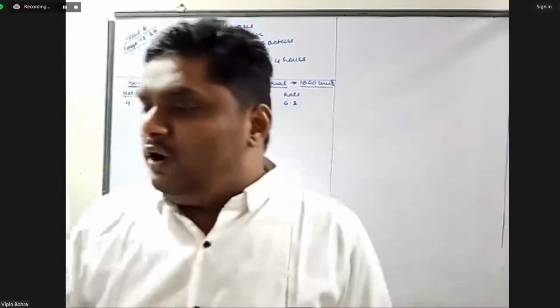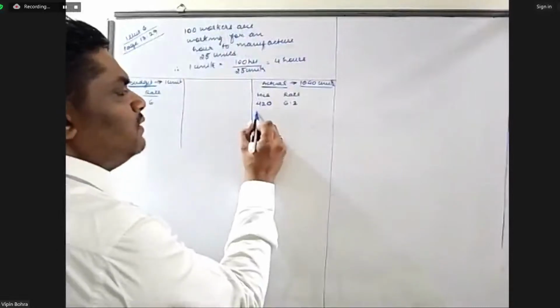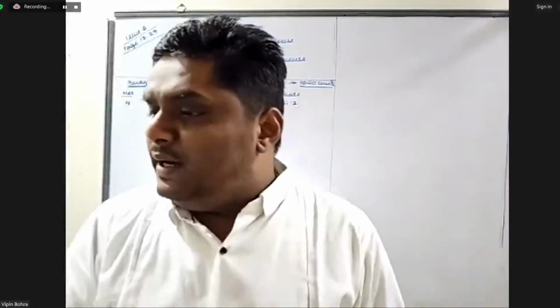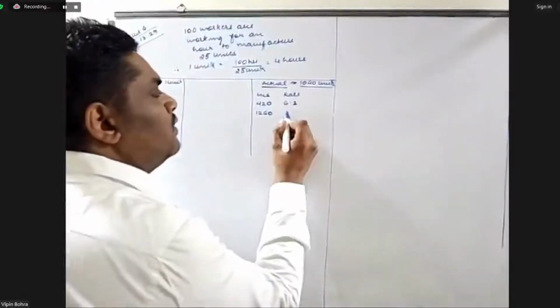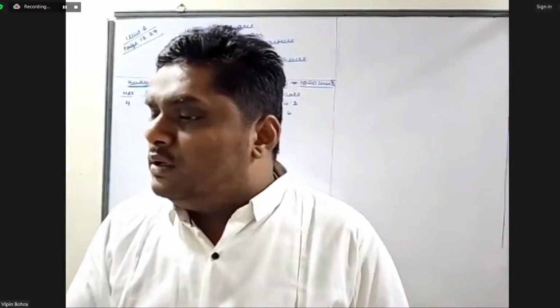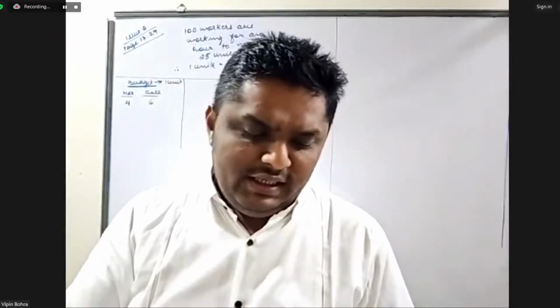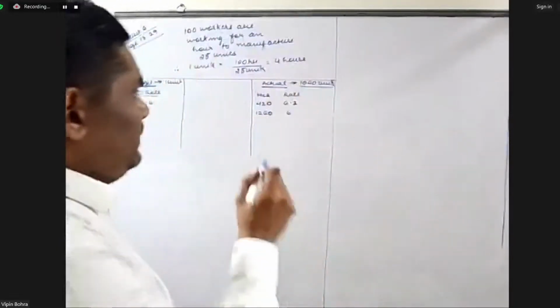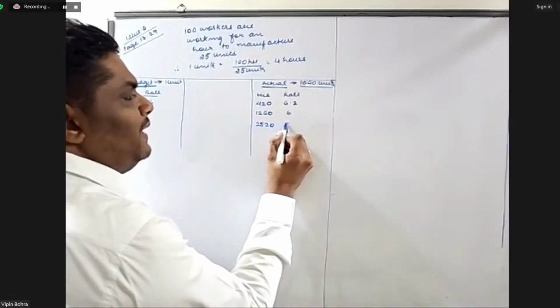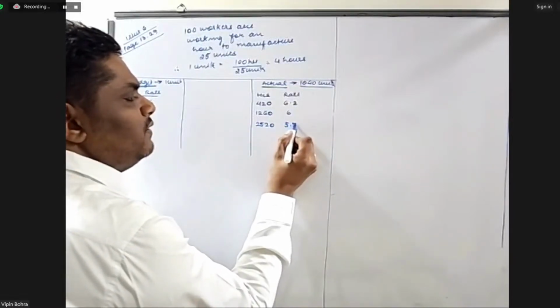The second category has 30 workers, and for a 42 hours week we are paying them for 1260 hours at the rate of rupees 6. For the third category, the total number of workers is 60 into 42 hours, so we are paying them for 2520 hours at the rate of 5.7.